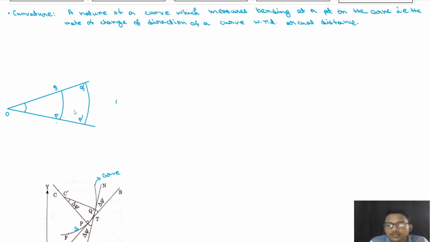Think a little bit. Yes. So I think you have guessed it right, that the curve PQ is more bended.